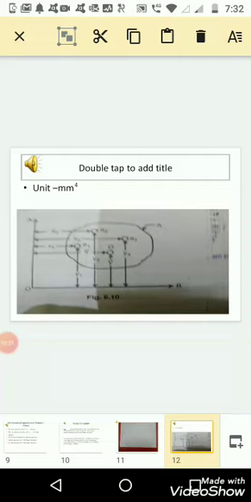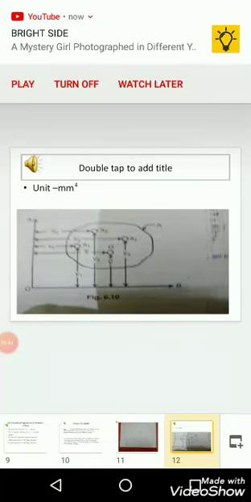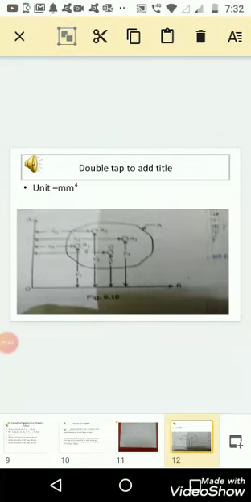We have axes OA and OB, and an irregular section or diagram, a regular figure, which we have named as A, with small elementary areas A1, A2, A3, A4, and their respective distances from OA and OB. So this is the same diagram. Now we will try to look at its mathematical formula in the next slide.